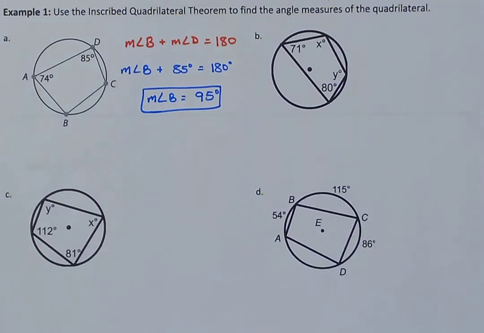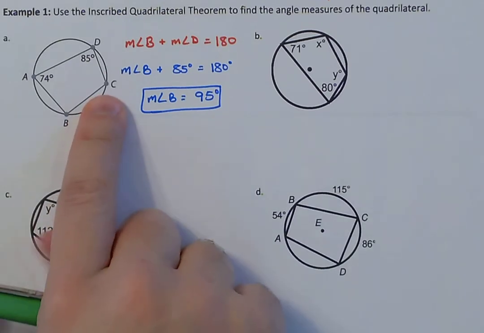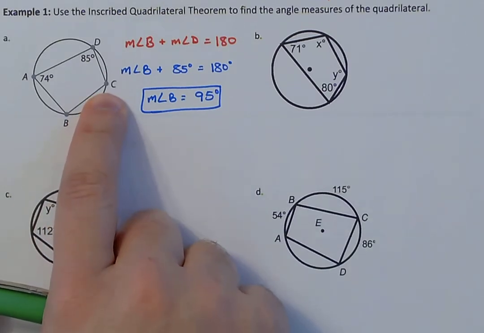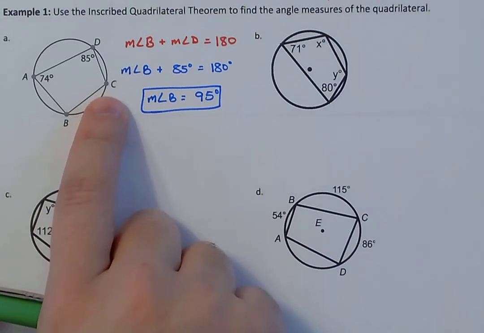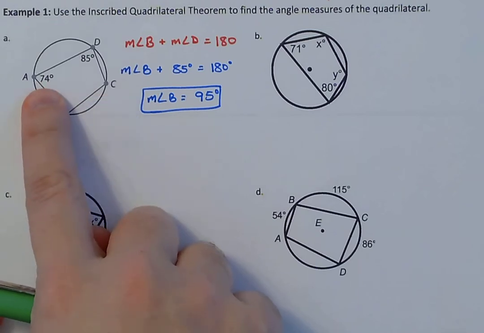Now, there's one last part to look at, and that is the measure of angle C. This one I'm not going to draw out as long. For the measure of angle C, we need to use the angle that is opposite of angle C. The angle opposite of C is A, and that's 74 degrees.